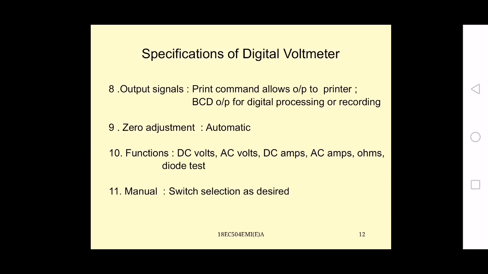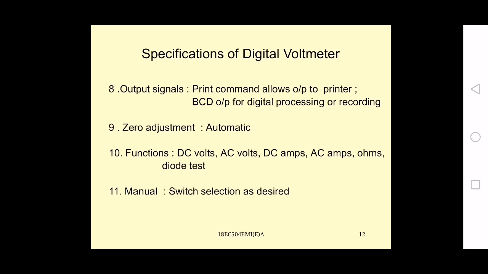And the output signals: it gives the print command, which allows output to the printer, or BCD output for digital processing or recording. BCD is binary coded decimal, which you have already studied. The zero adjustment is automatic.